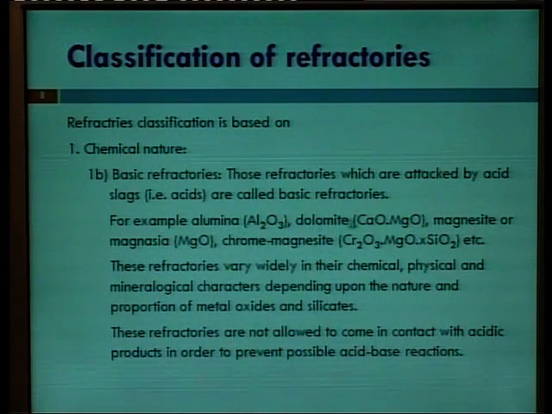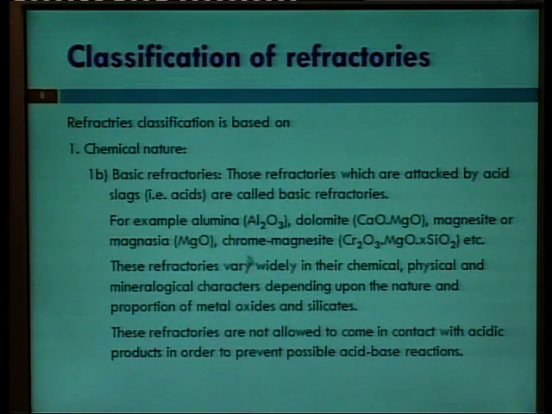When you look at these examples, see the composition. Aluminum oxide is a metal oxide, calcium oxide and magnesium oxide are again metal oxides, as are chromium and magnesium oxides. So, whenever you see the examples quoted here, they are metal oxides. You have studied in previous classes that metal oxides are generally basic in nature. That is the reason the composition determines the chemical nature.